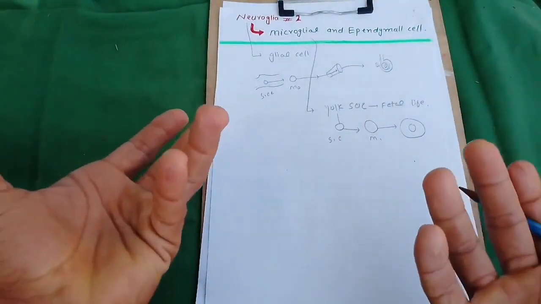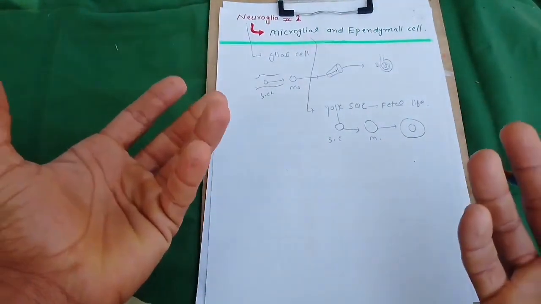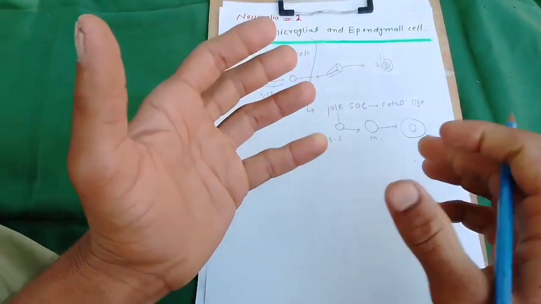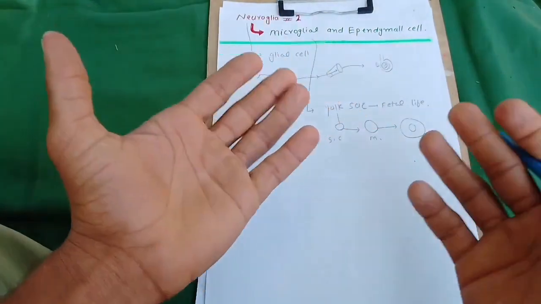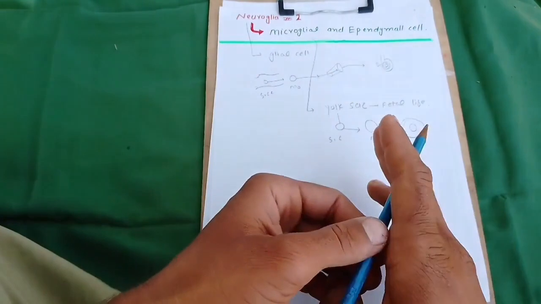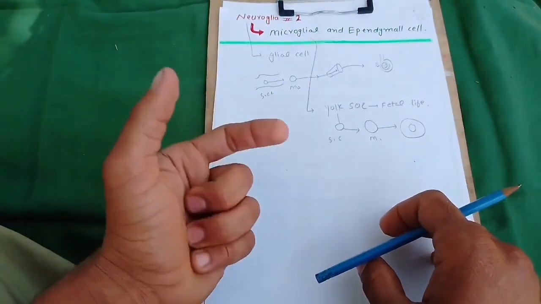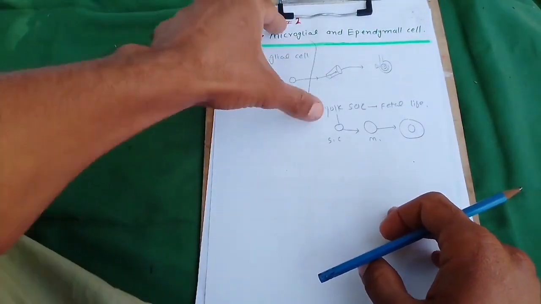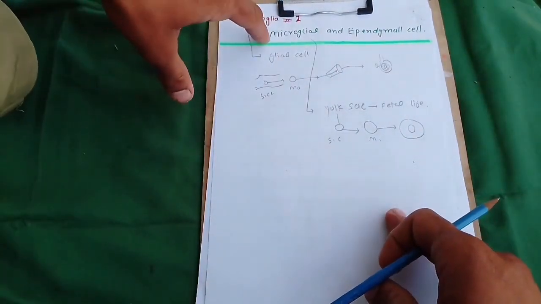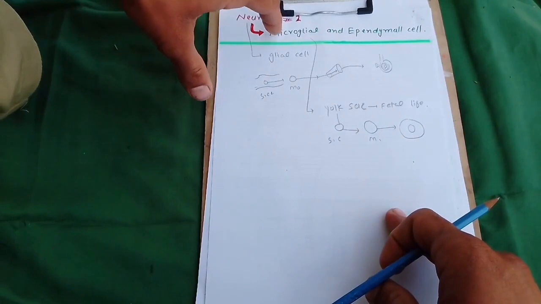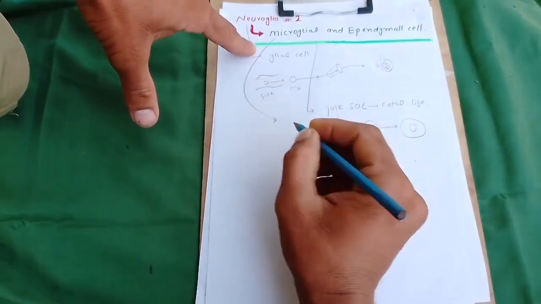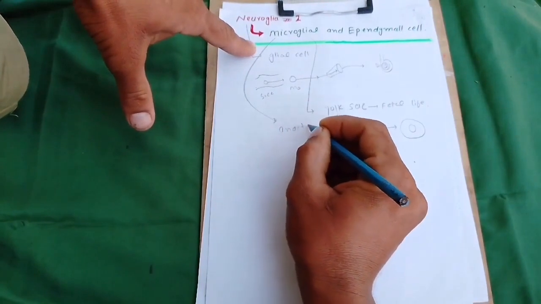What is the function of the macrophage? As you know, macrophage is the immune cell. Macrophages engulf every type of bacteria, pathogen, virus, and toxin, and protect our body. So microglial cells are present in the spinal cord and the brain in an inactive form.